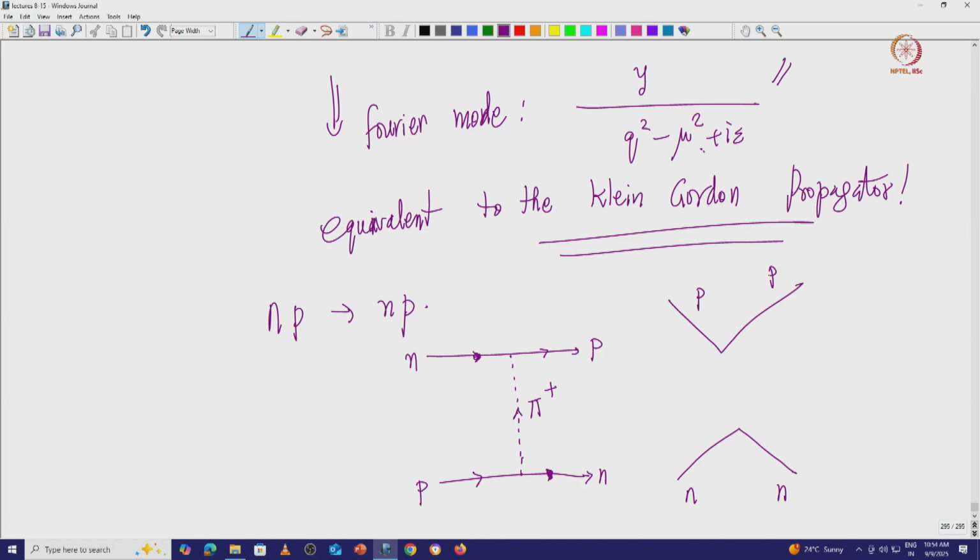Just take a neutron neutron, pi 0, okay. So neutron neutron can exchange a pi 0 essentially. Similarly you can have pi minus essentially with antiprotons or antineutrons and so on. So there are several other diagrams which you can do for neutron proton scattering essentially.